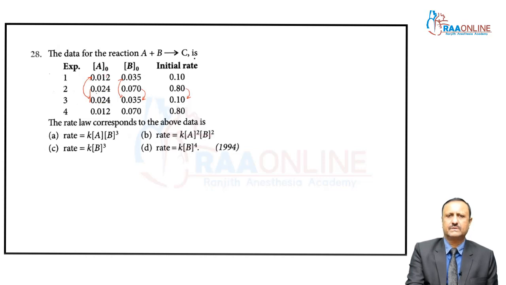It means, my dear students, you double the concentration of A but you keep constant the concentration of B, then you can see here initial rate is not changed. If initial rate is not changed, it means rate does not depend upon A. It means it's a zero order reaction for A. So you can see here A and B options are not the correct answer. Only C and D options are correct.